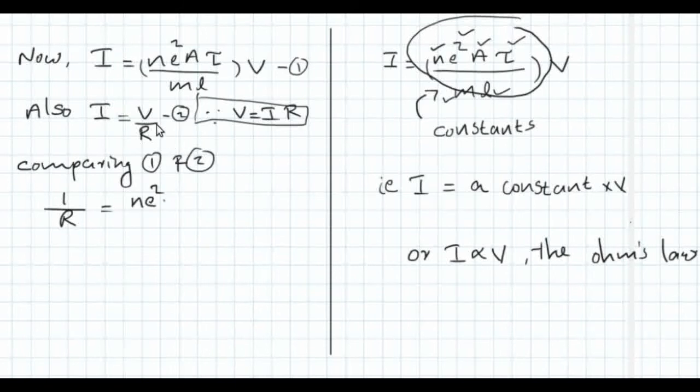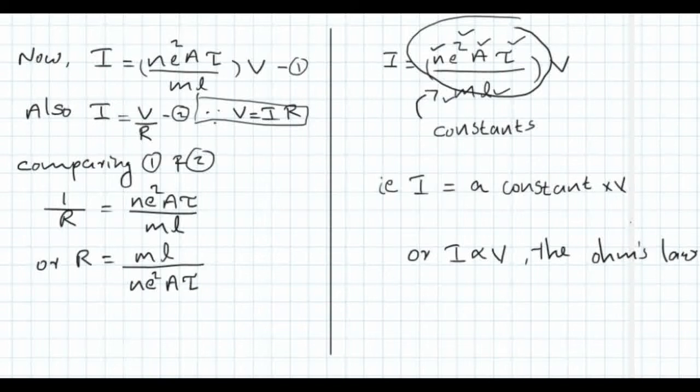When we compare these two equations, V by R is equal to N E square A tau by ML into V. So both V's will be cancelled.